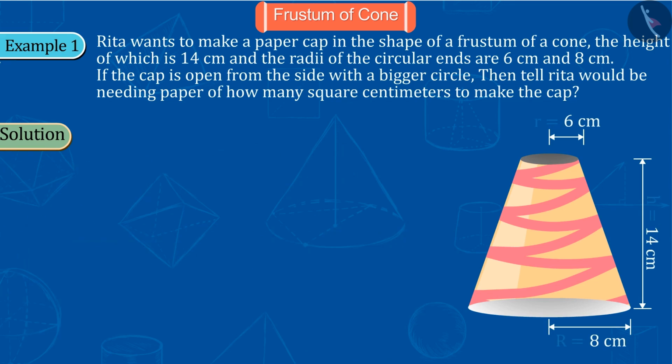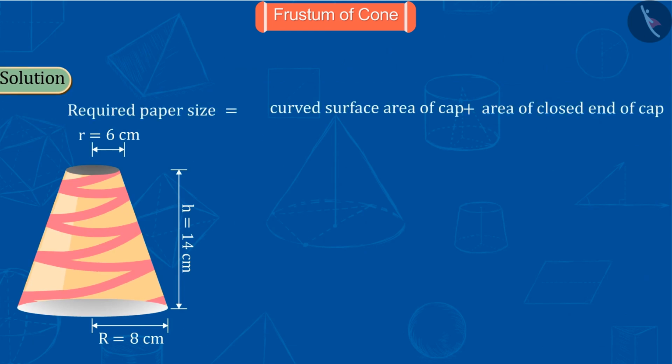Now we mark the given measurements as follows. In the previous video, we learned that the curved surface area of the frustum of the cone can be derived from this formula. Since the closed end of the cap is circular, here we will use the formula for the area of the circle.